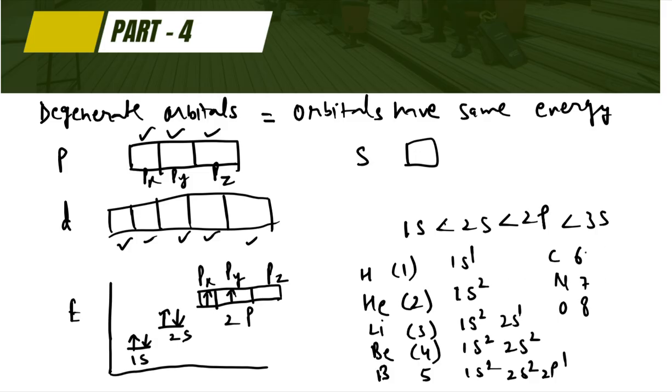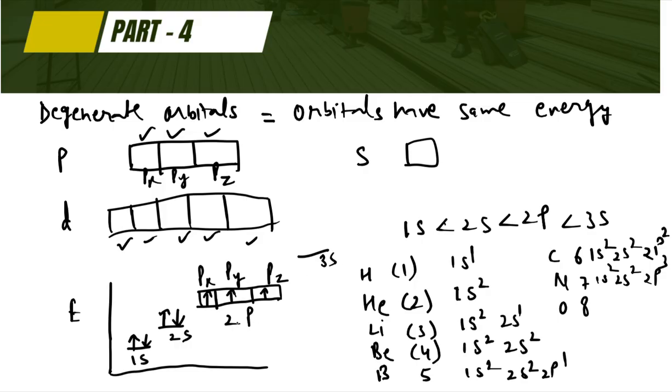So in the carbon case, it will be 1s2, 2s2, 2p2. What about nitrogen? So the next electron will come here: 1s2, 2s2, 2p3. Okay. Then in the case of oxygen, next we have 3s.